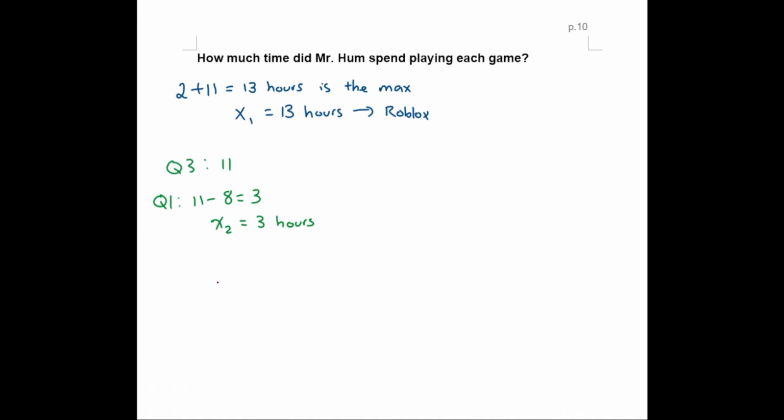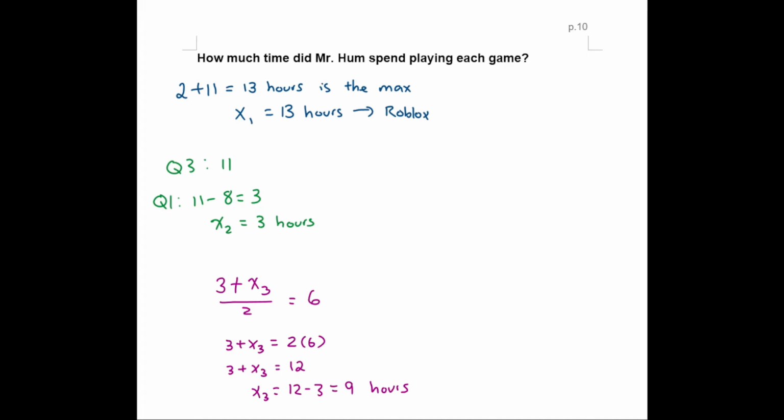So if we take 3 hours and add it to my last unknown, x3, and divide by 2, I know that should give me 6 hours. So we cross multiply, and we get 3 plus x3 is equal to 2 times 6. 3 plus x3 is equal to 12. So x3 is equal to 12 minus 3, which is 9 hours.